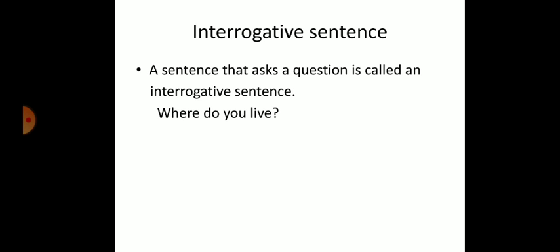They are further categorized into WH questions or other types of questions, which we will discuss in detail in the next lecture. So we may say a sentence that asks a question is called an interrogative sentence. Where do you live? What is your name? What do you do? Did you work hard? All of these are interrogative sentences.